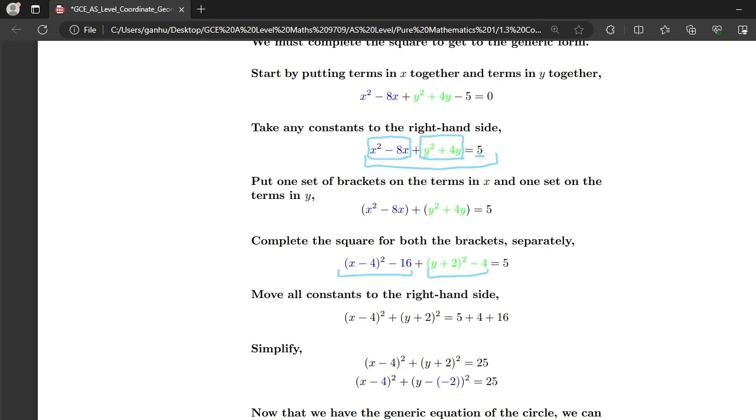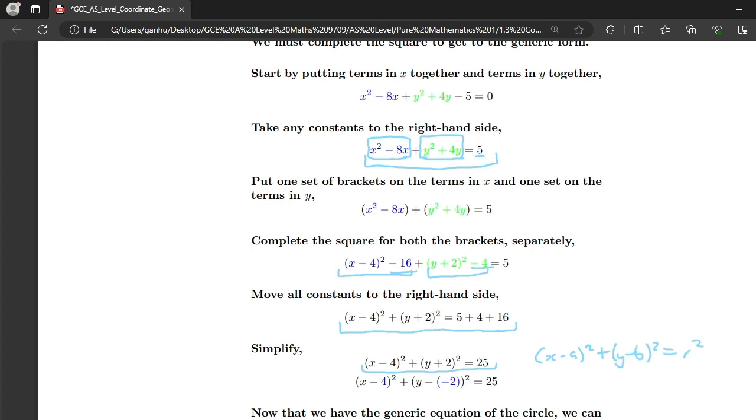Then again move all the constants to the right hand side, so that's negative 16 and negative 4. So you end up with (x - 4)² + (y + 2)² = 5 + 4 + 16. And if you simplify, you end up with (x - 4)² + (y + 2)² = 25. Now we've written our equation in the form (x - a)² + (y - b)² = r².